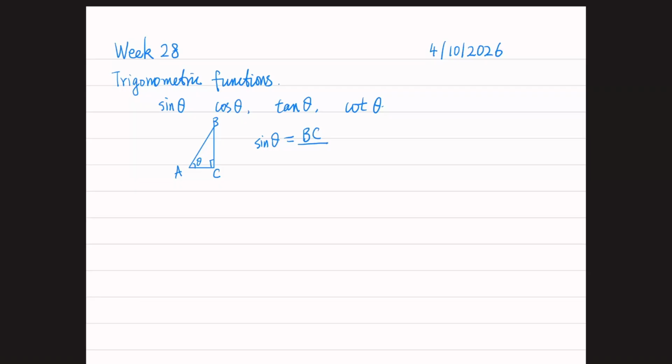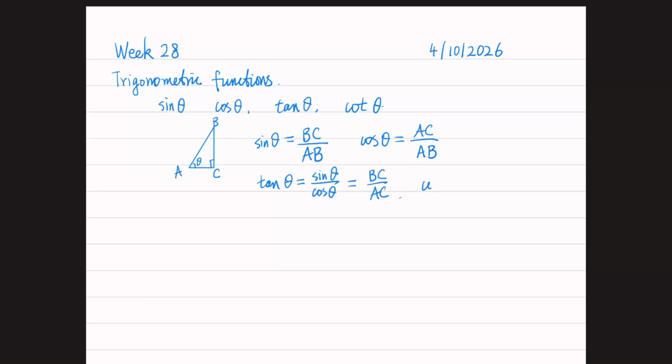The hypotenuse will be AB. And the cosine is the adjacent side AC over the hypotenuse AB. The tangent is sine over cosine. We can simplify, we get BC over AC.